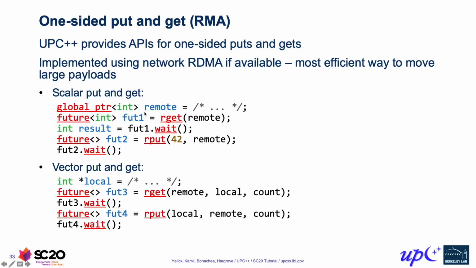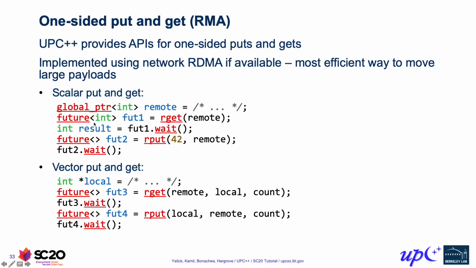Taking a look at the scalar version first, rget takes as an argument a global pointer, and that global pointer may reference data on some other process. If we invoke rget on it, it initiates a one-sided get operation. And as with RPC, this is an asynchronous operation, so we don't wait for the data to get transferred before rget returns.